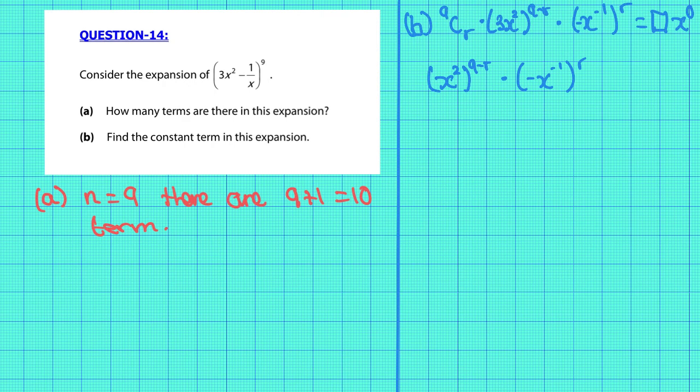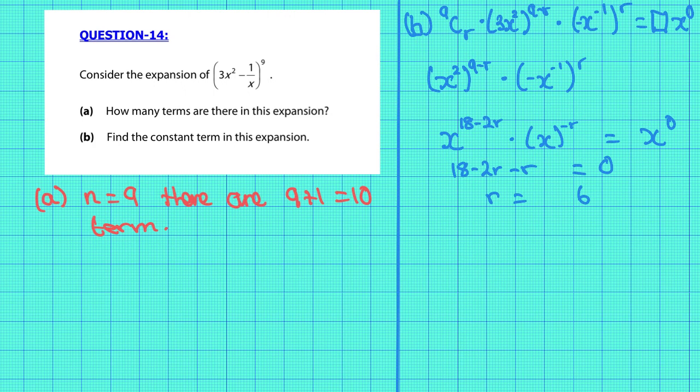So we've got x to the 18 minus 2r, x to the minus r, which equals x to the 0. So 18 minus 2r minus r equals 0. So r equals 6.